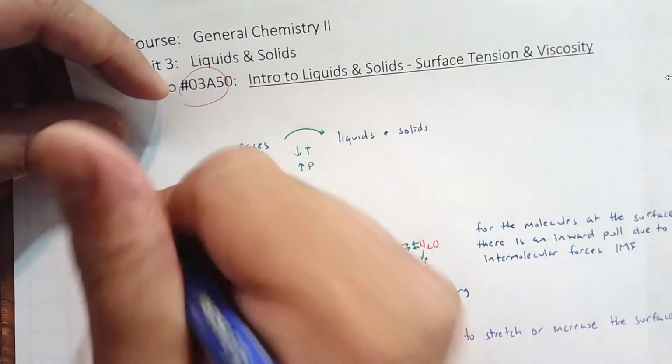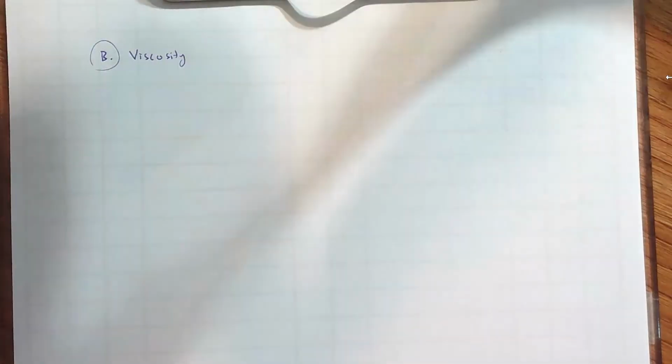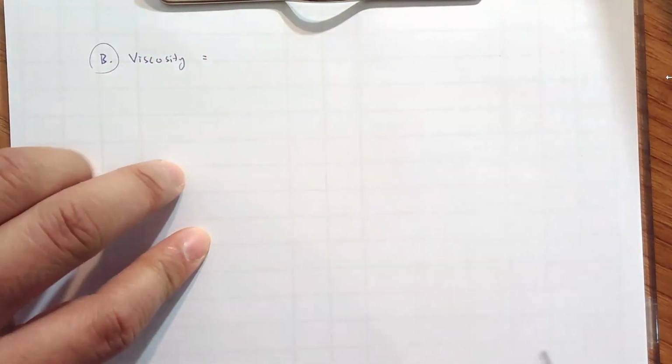You have viscosity, and letter A, surface tension. Viscosity equals the measure of a fluid's resistance to flow.